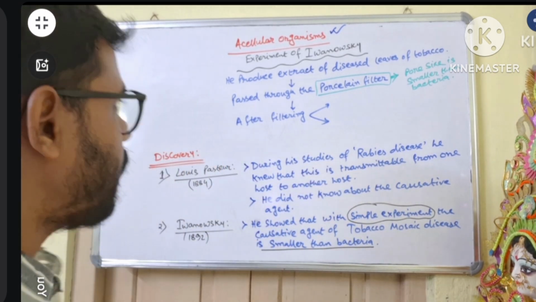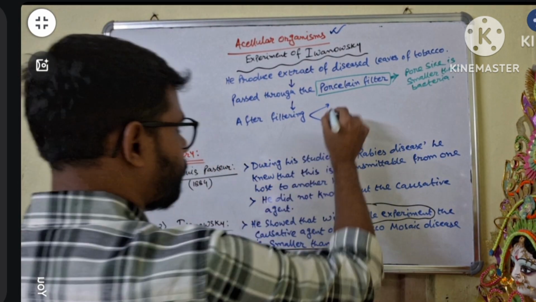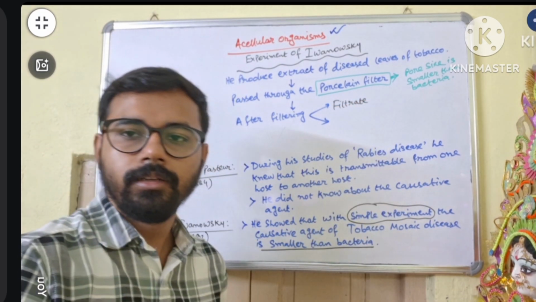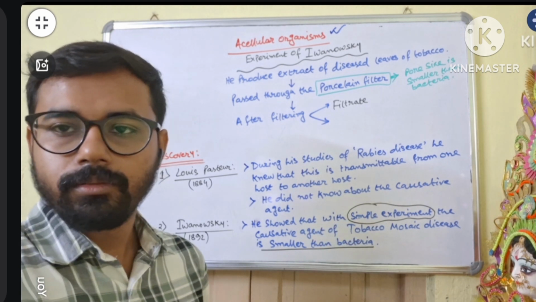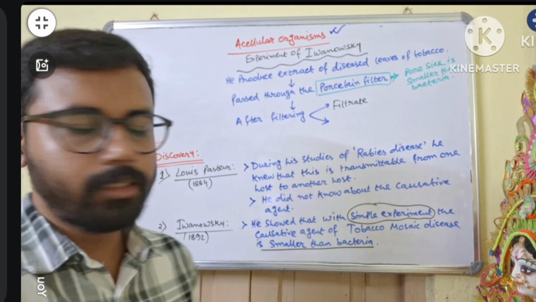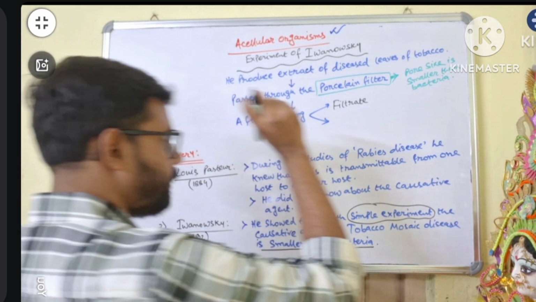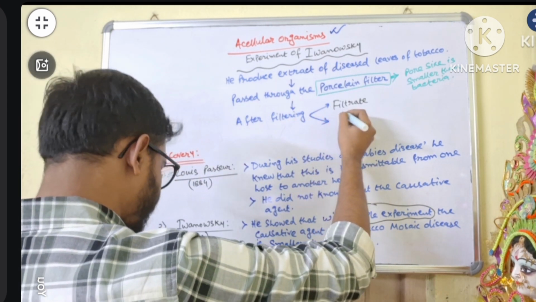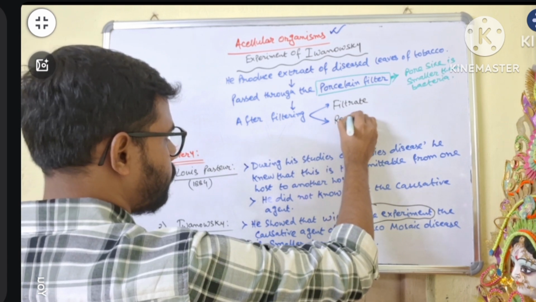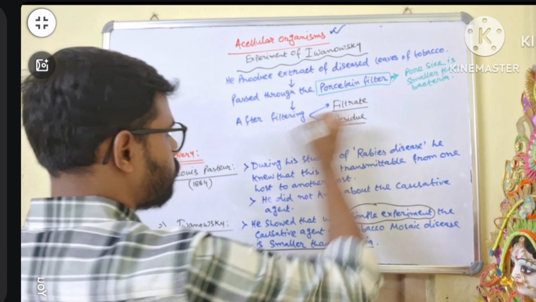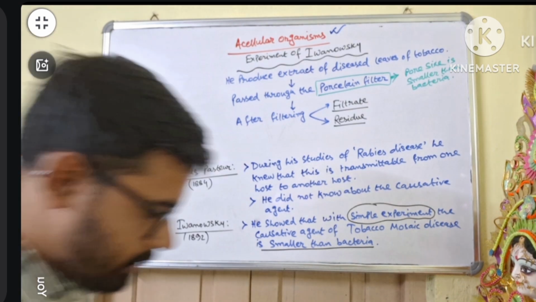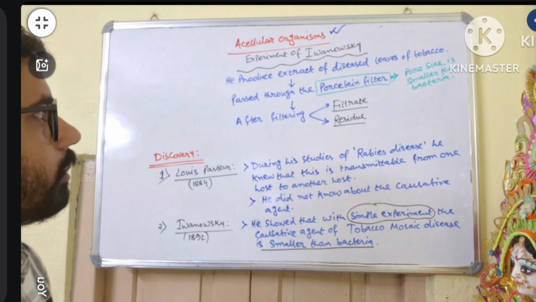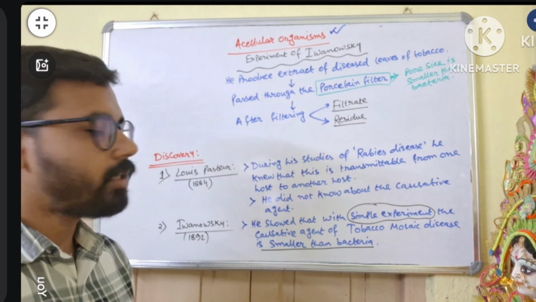The material that passes through the porcelain filter is called filtrate. And the portion which is not passed through the filter is called retentate or residue. So after filtering the extract, two things are produced: the solid portion, residue, which is not passed, and the passed portion, called filtrate.